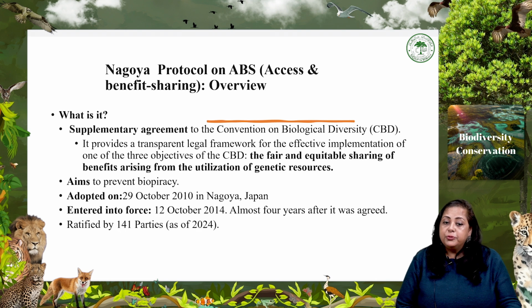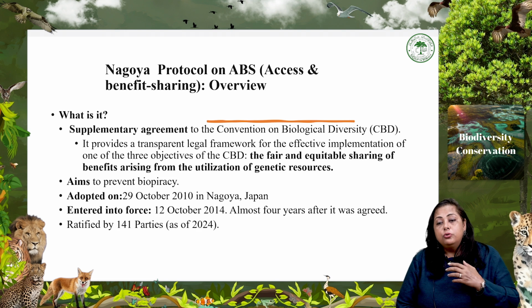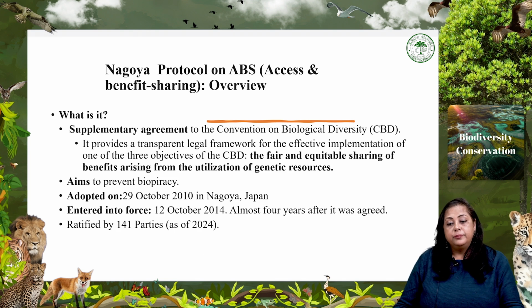It was adopted on 29 October 2010 in Nagoya, Japan, and entered into force on 12 October 2014. It was adopted in 2010, but it still took time to be enforced, almost 4 years, after it was ratified by 141 countries as of 22.